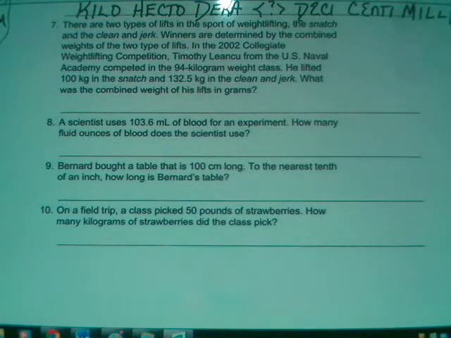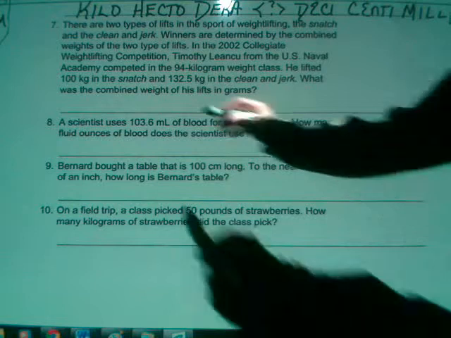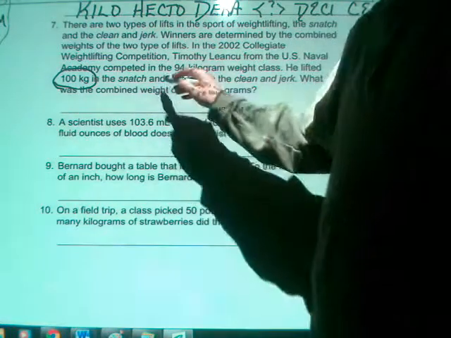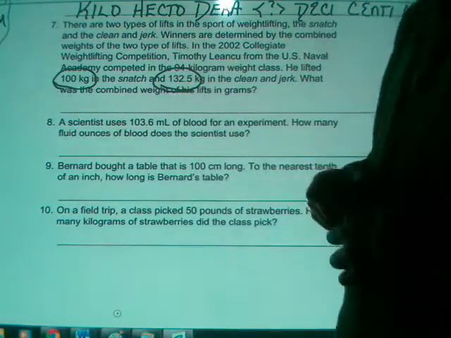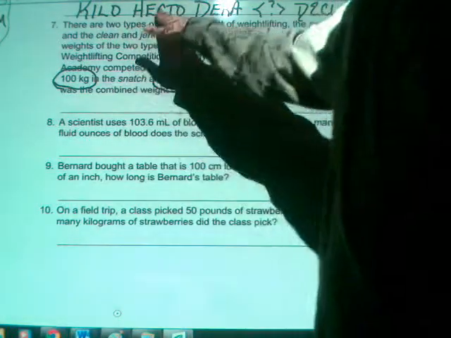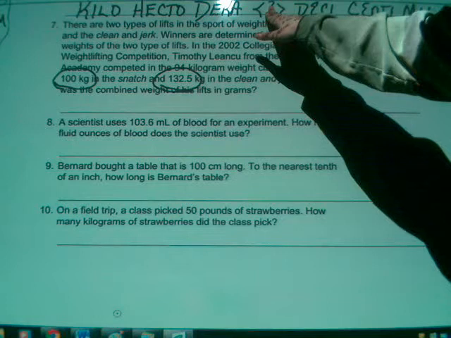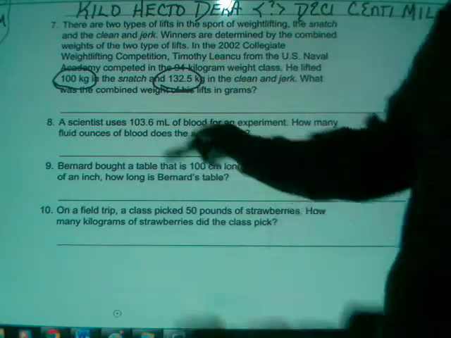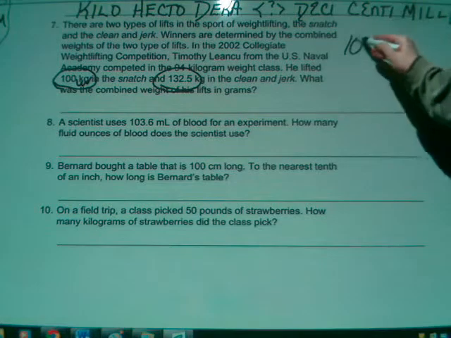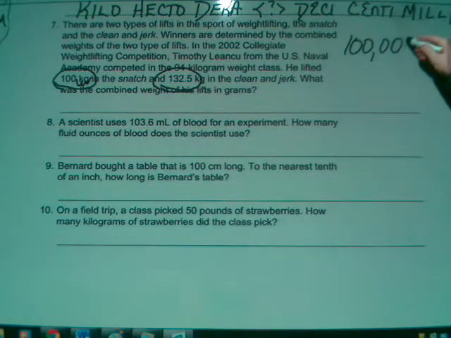These ones are all given to us in kilograms, the two that matter, the 100 and the 132.5. Well, to get to grams, that's 1, 2, 3 jumps to the right. So I'm going to move my decimal 3 times to the right. So that means 100 kilograms is 100,000 grams.